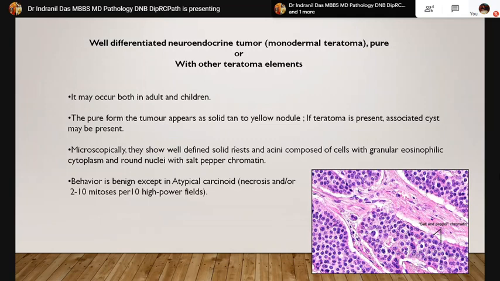Microscopically, they show well-defined solid nests and acini composed of cells with granular eosinophilic cytoplasm, round nuclei with salt and pepper chromatin. Behavior is benign, except in case of atypical carcinoid. In atypical carcinoid, necrosis and increased mitotic activity in the range of 2 to 10 mitoses per 10 high power fields are seen.